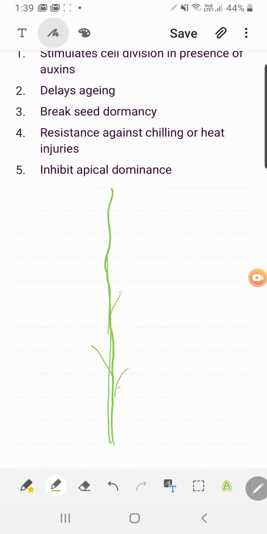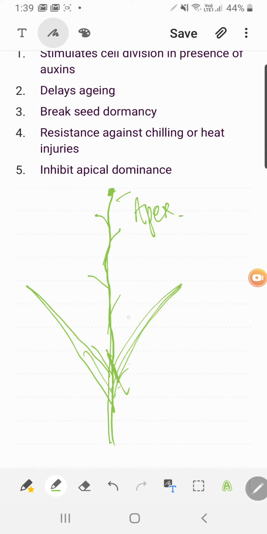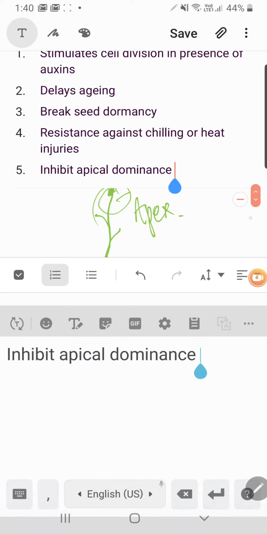Every time it grows, the tip of the plant will be the apex. And if you have the branching, this point will be known as axil. Therefore these are the axillary branches and this is the apical bud, right, children?